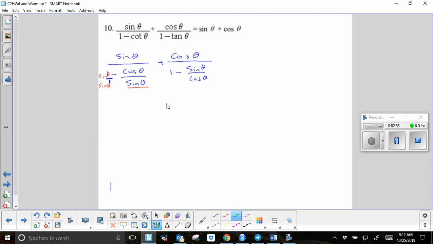And OCL, what do I need to multiply this with? Cosine, because I want to get their denominators the same. Now, I'm going to rewrite it. They're 2 fractions, aren't they? And then I have cosine.